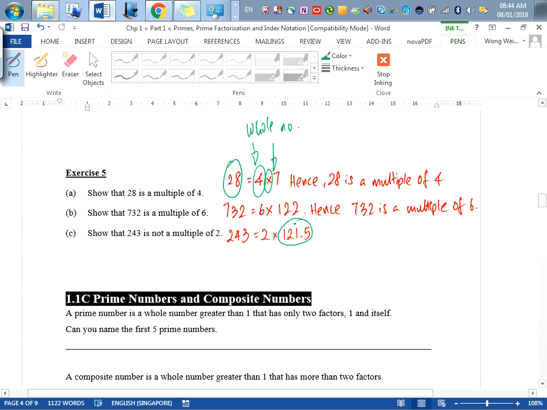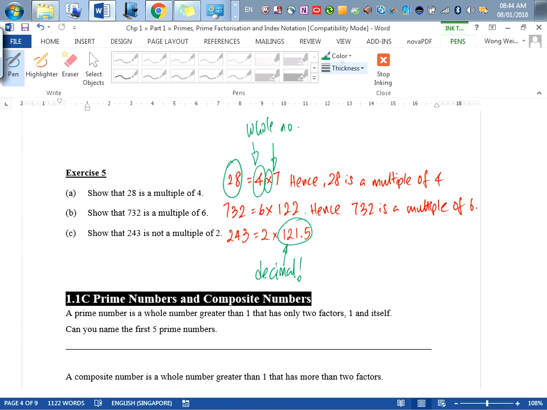Yeah, this one, decimal. It's not a whole number. That means that 2 is not a factor of 243. In other words, 243 is not a multiple of 2.